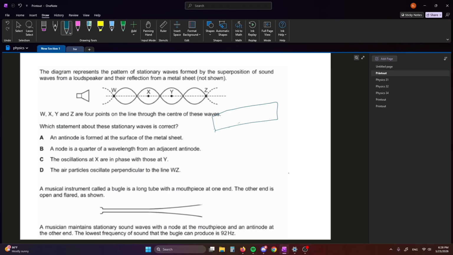So at that point, it's going to be a node rather than an antinode. Intuitively, this should make sense because if you think about a wave with nodes and antinodes, you have a bunch of relatively spaced out, and then a bunch of clustered, and another bunch of spaced out, and another bunch of clustered at each node and antinode.